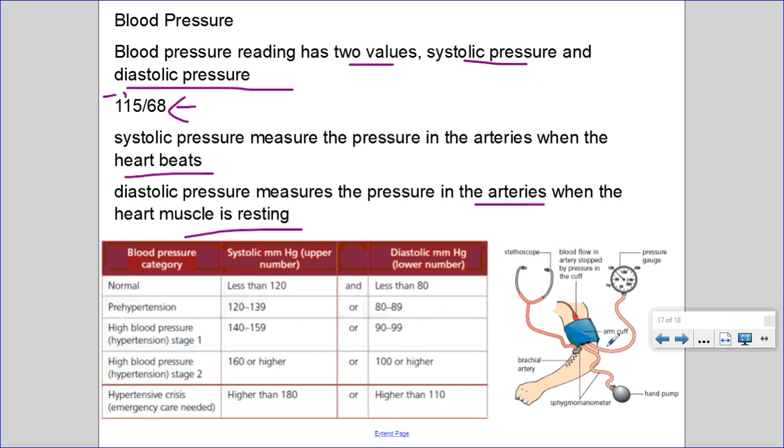Once the cuff is inflated, blood flow in the artery is basically going to be stopped. What the doctor is listening for is when that blood flow returns, or comes back, and that will indicate the systolic pressure. Then they listen for when that sound disappears at that particular pressure, and that will indicate the diastolic pressure.